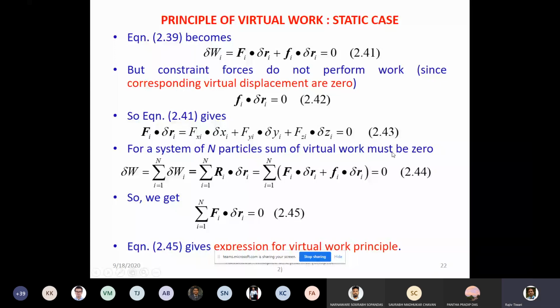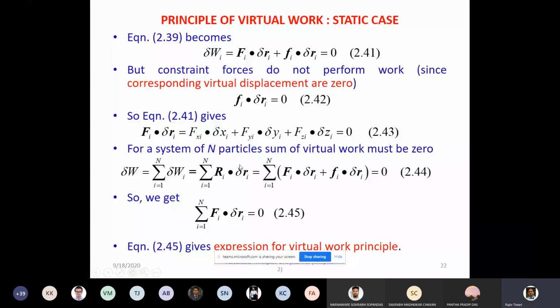So if we sum up all the virtual work, then that also should be 0. So this is the virtual work for all the particles, because every particle is in equilibrium, so the virtual work from all the individual particles is 0.